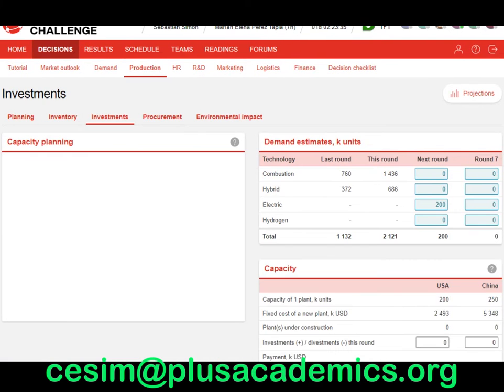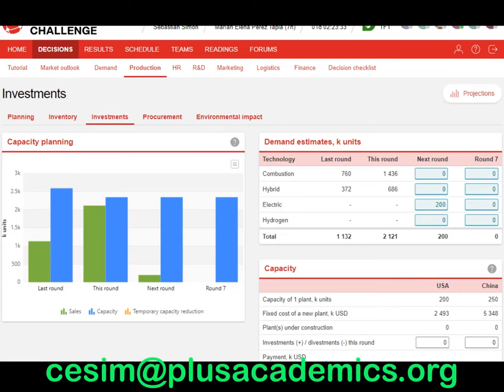We are not purchasing any capacity currently because first we are trying to get ourselves out of debt, and also the demand is still not meeting all our capacity. So maybe from next round we can consider increasing our capacity.